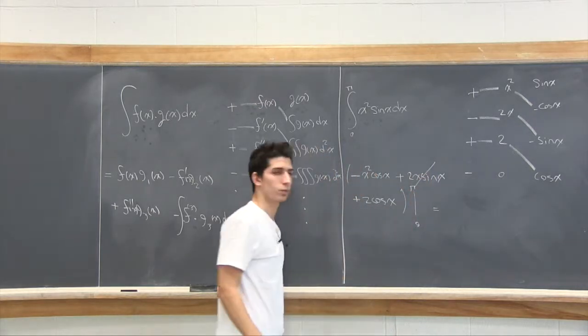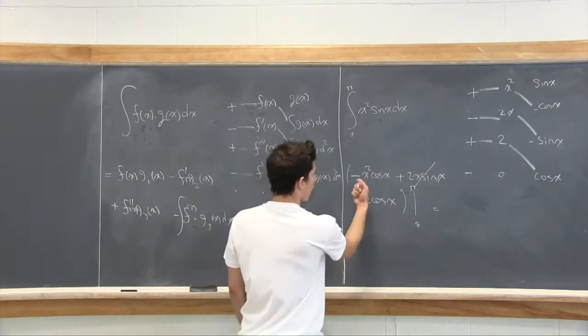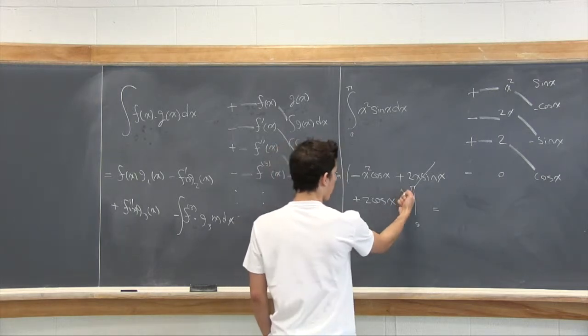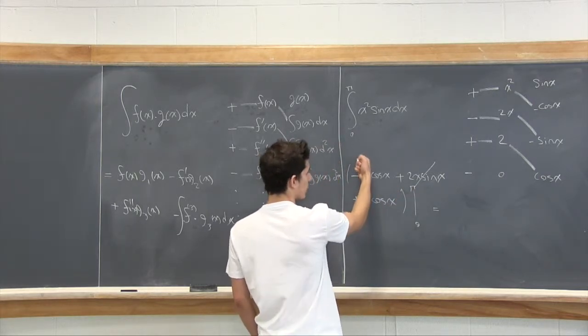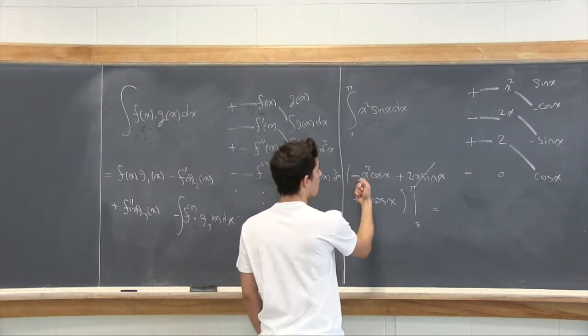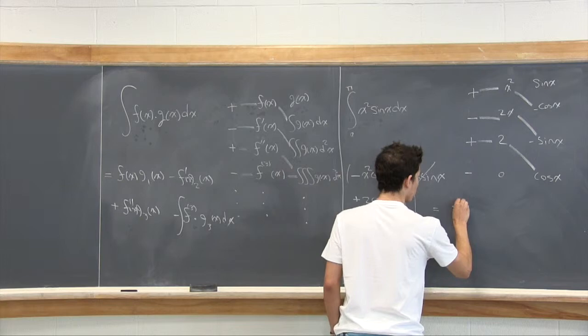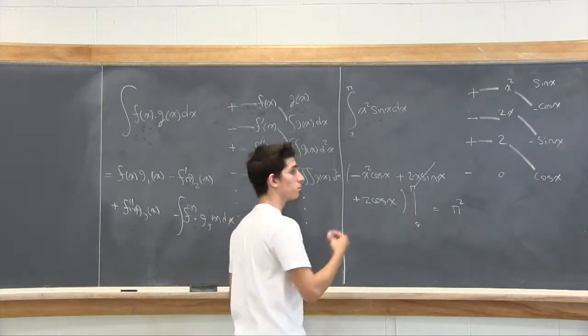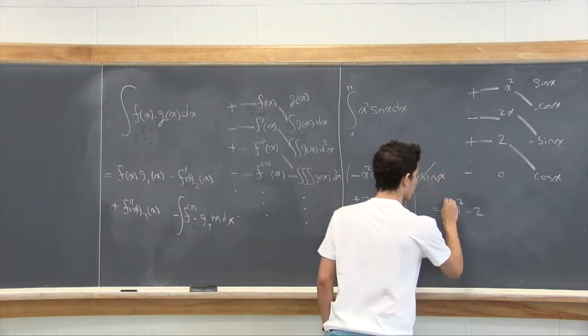So that term makes no contribution to this integral. So now we're left with these two terms at pi and 0. At pi, it's going to be minus pi squared cosine of pi, which is minus 1. So it's just going to be pi squared. Then 2 times cosine of pi, which is minus 2.